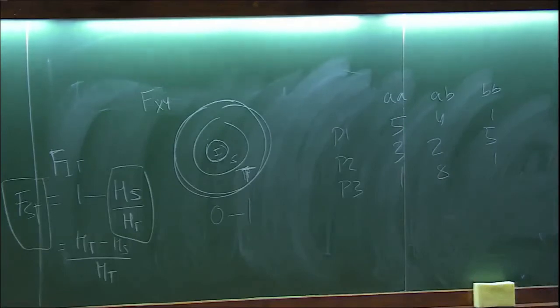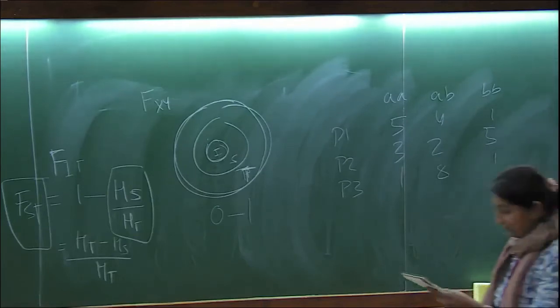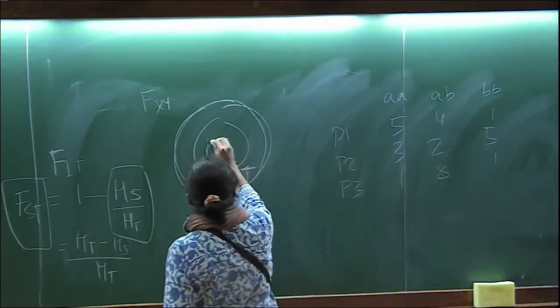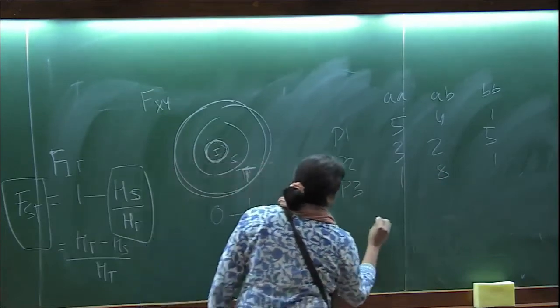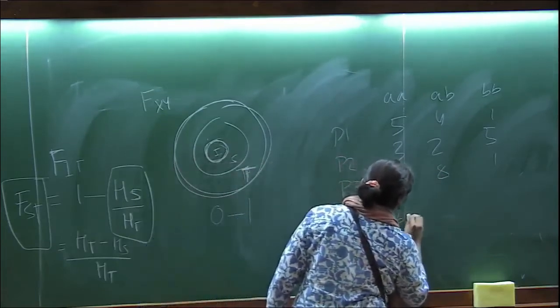This is just the numbers of individuals in those 3 subpopulations. Okay, so to calculate anything to do with F, you have to calculate H observed.